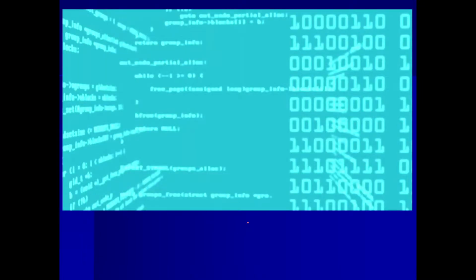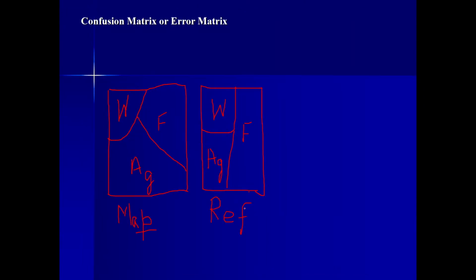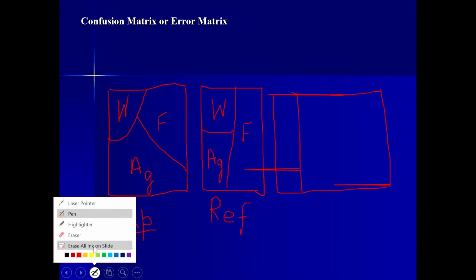Now to generate the error matrix, we should have a 3 by 3 matrix. So we can draw a few rows and columns.